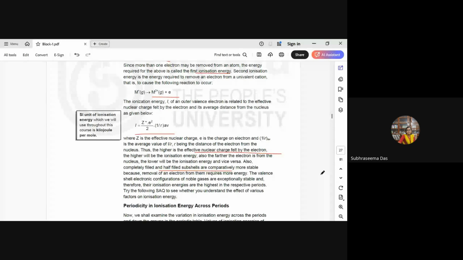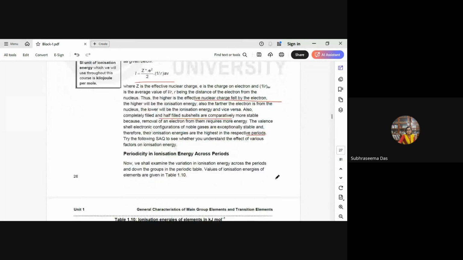Noble gases are highly stable in nature, and that is why their ionization energy is very high, since it is very difficult to remove an electron from a noble gas configuration. When we move across a period, the last atom is a noble gas, and it has the highest ionization energy in the respective period.